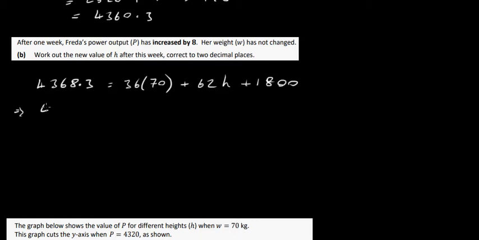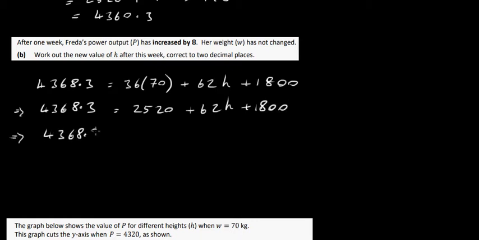So we've got 4368.3 is equal to 2520 plus 62H plus 1800. Add these two and you get 4320 plus 62H.